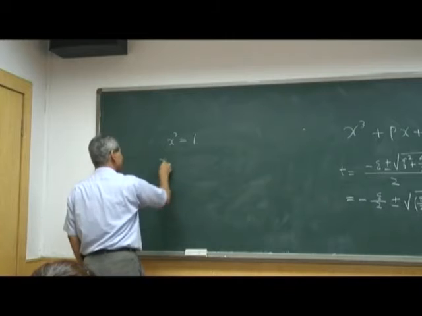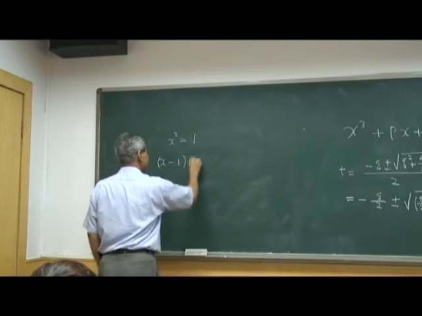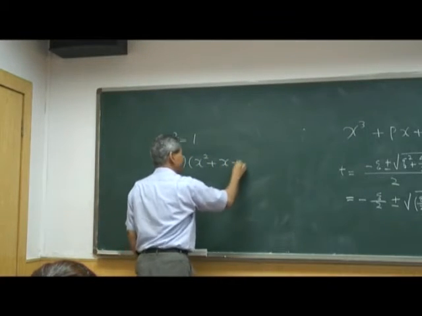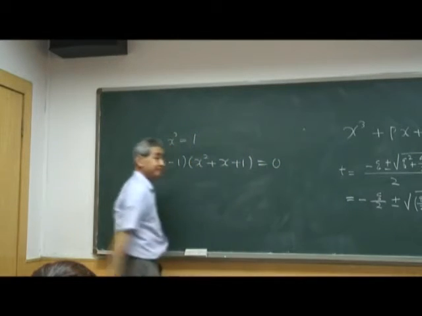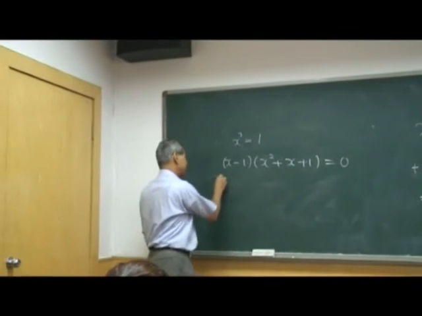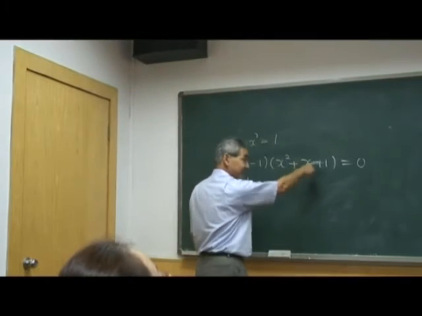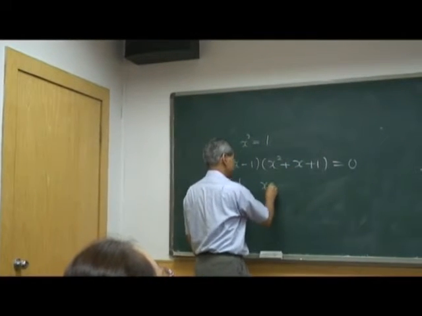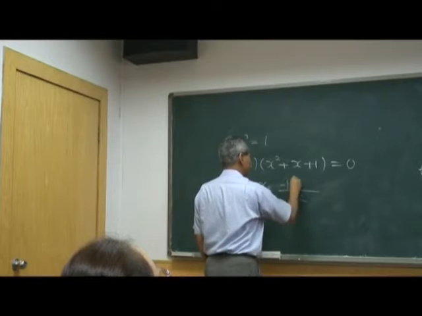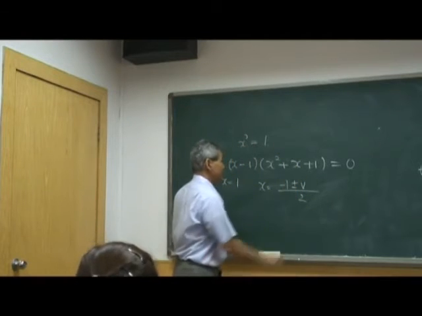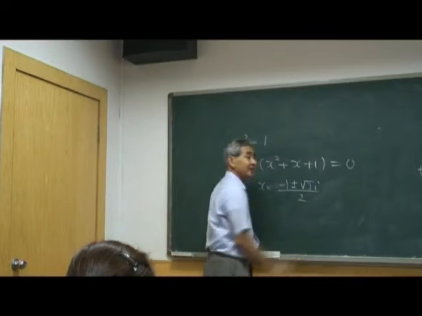Then of course, you can easily take the factorization. So of course one simple solution is 1, but the other solutions are given by this quadratic equation, which is given by minus 1 plus minus square root of 3 i, over 2.